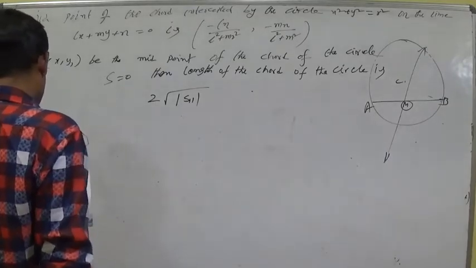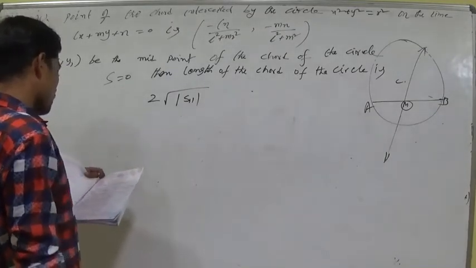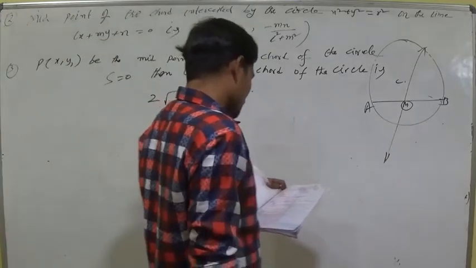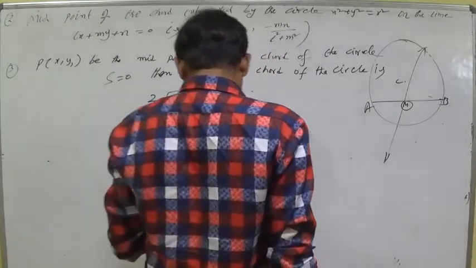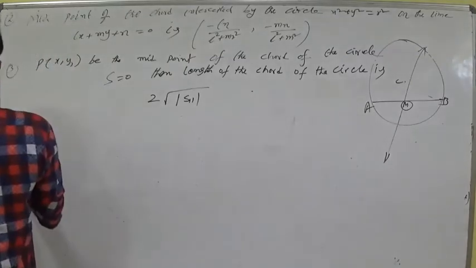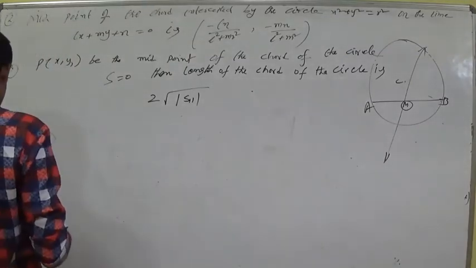Next, the equation to the pair of tangents drawn from a point. The fourth point, this is also important.